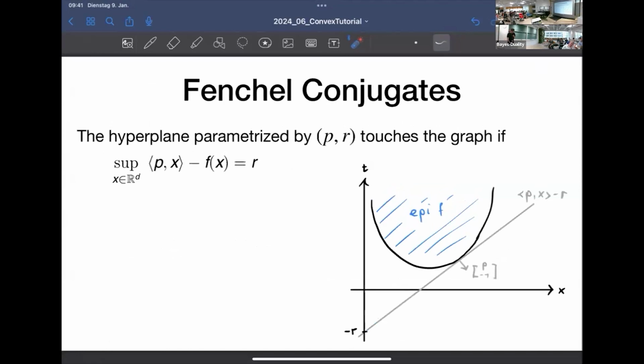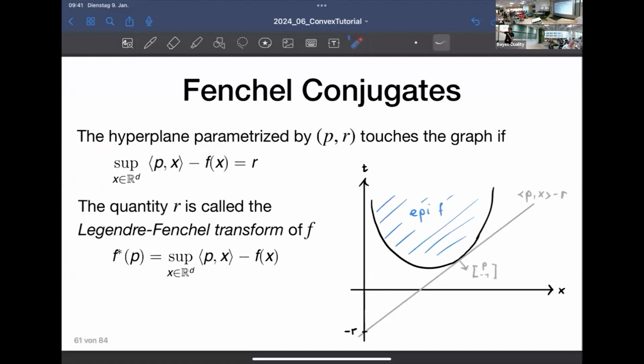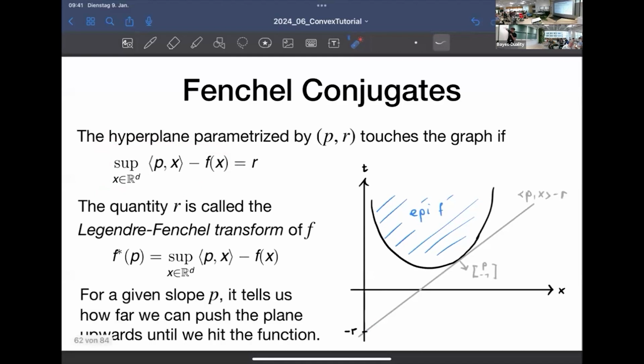This quantity here is what people call the Fenchel conjugate, or the Legendre-Fenchel transform, of my function f. For a given slope p, it tells me how much I can push up my hyperplane until we hit the function.